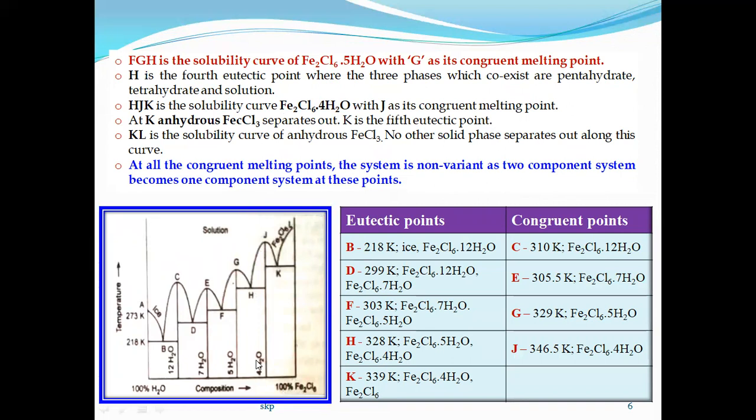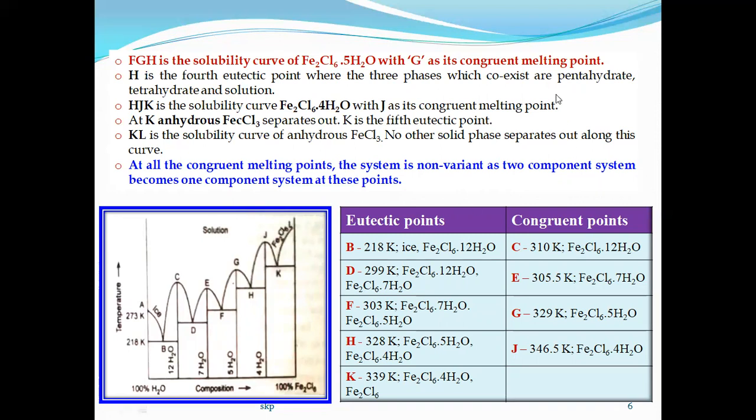Next, HJK is the solubility curve of tetrahydrate, with J as the congruent melting point. At K, anhydrous FeCl3 separates out, and K is another eutectic point, the fifth eutectic point. And last is KL, the solubility curve of anhydrous FeCl3. No other solid phase separates out along this curve.